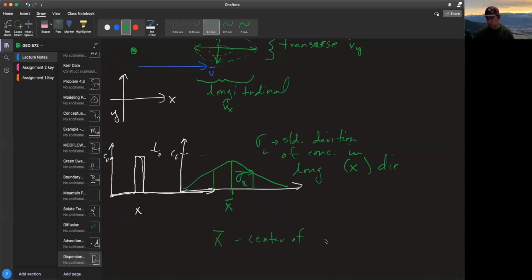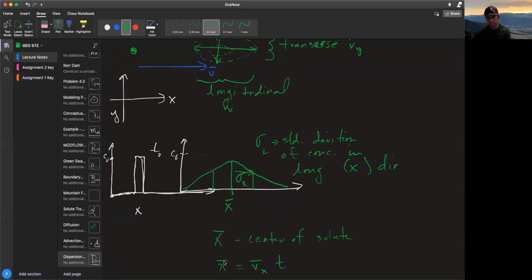Center of our mass point, or our solute, is given by the average velocity, so v bar x, times the time, some time that it took to get here.